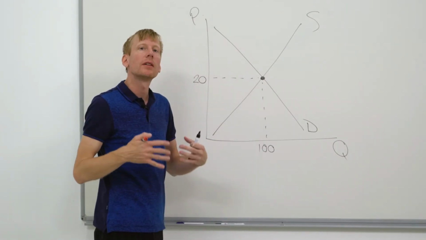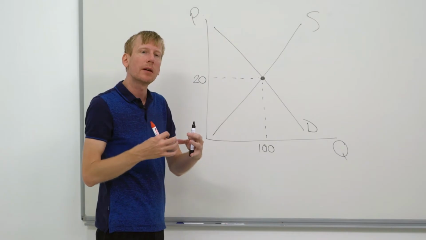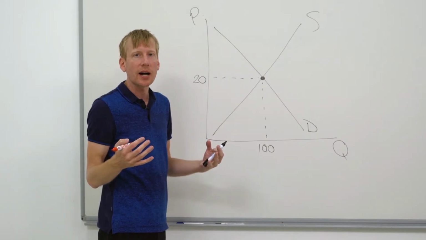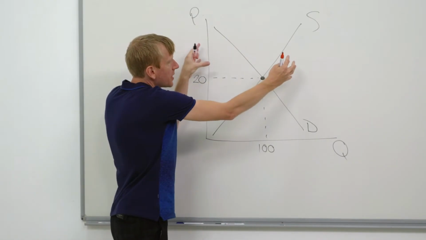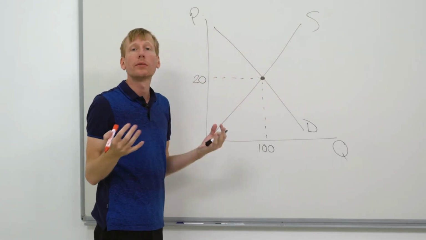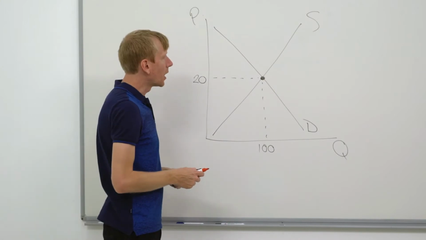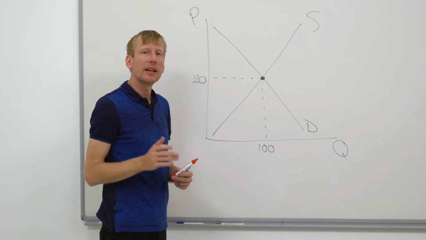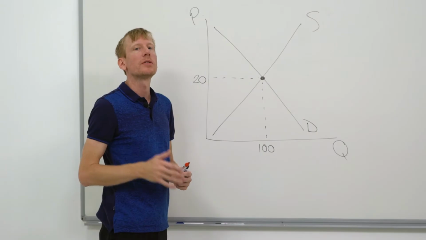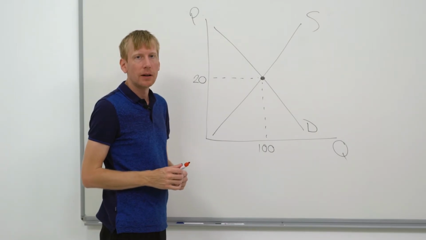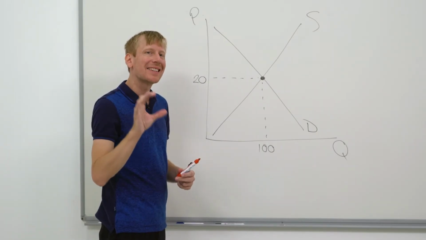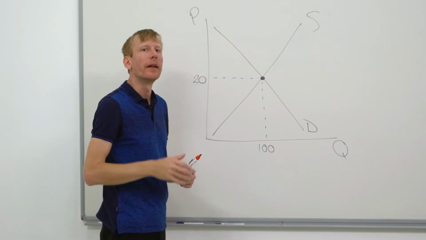Again, there will be a natural logic to the market, a gravity in the market that in the absence of any kind of shocks will lead the market price back to 20 if for whatever reason it's higher or for whatever reason it's lower. Now, suppose hypothetically that in our market, the government imposes a tax on this product. The government imposes a tax exactly equal to 10 per unit.